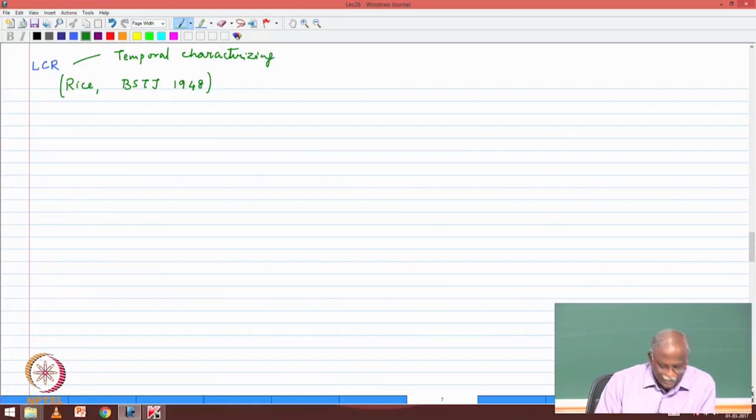So basically, Rice posed a problem that looked like a very mathematical problem, but it actually has a very useful systems level interpretation.